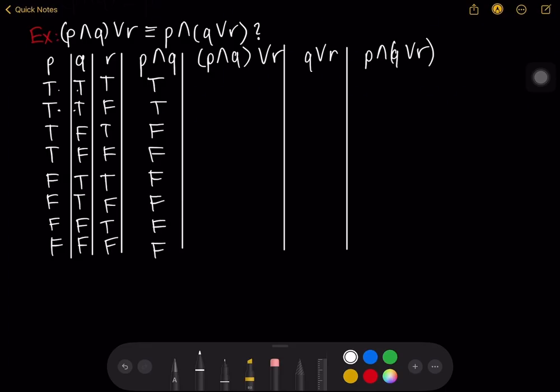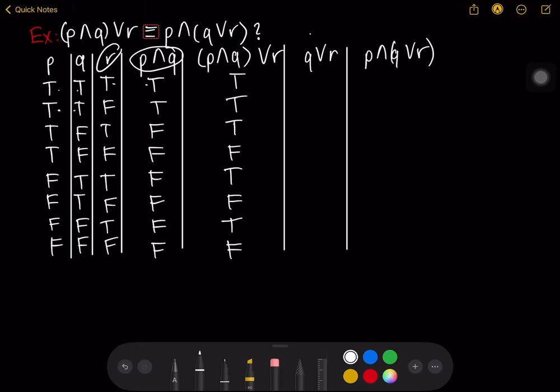Okay, so now we look at this column and R. So this row or this row, so true or true is true. False and true, false or true, also true. True or false, true, false, false, false. True, false, true, and false. Okay.